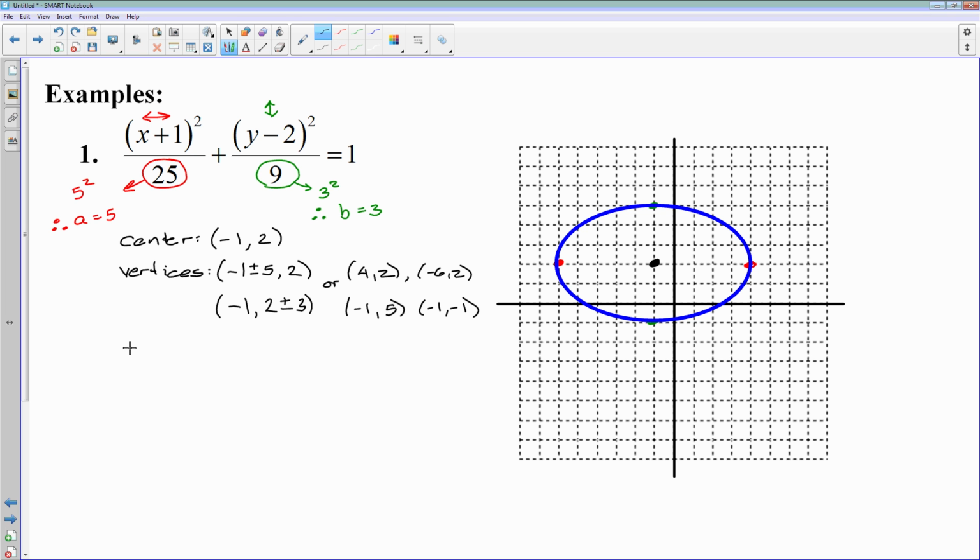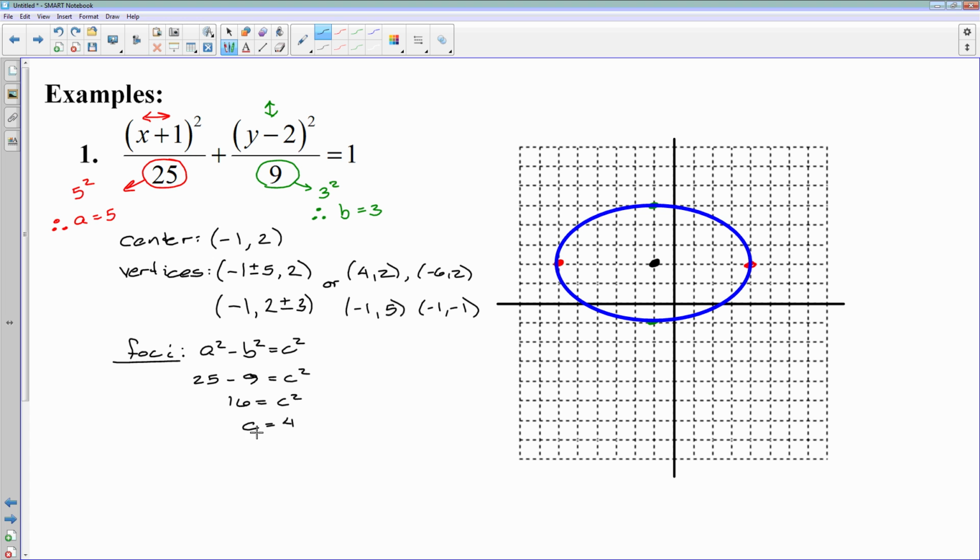Okay, now I need to find the foci. I want the coordinates of the foci. Now to get the focus, or the foci, I've got to find c. And remember, a squared minus b squared equals c squared, so we'll solve it that way. A squared is 25 minus b squared, which is 9, equals c squared. 25 minus 9 is 16, which means my c is going to be 4.